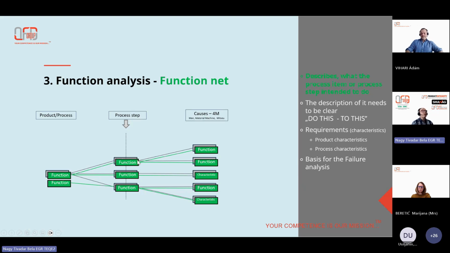One structure element could have one or more functions, one or more characteristics. It is important that the description of this function is clear: do this to this. And for the lower level, when we speak about characteristics, they could be process characteristics and product characteristics.